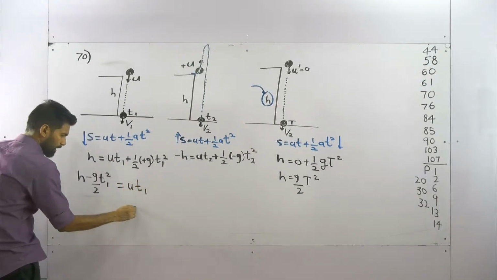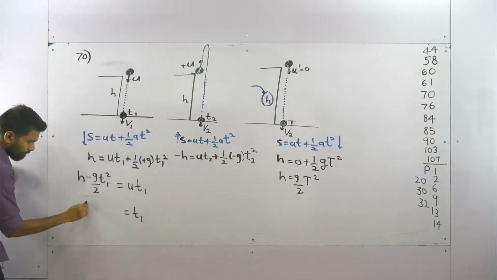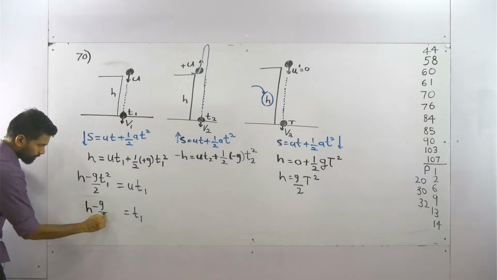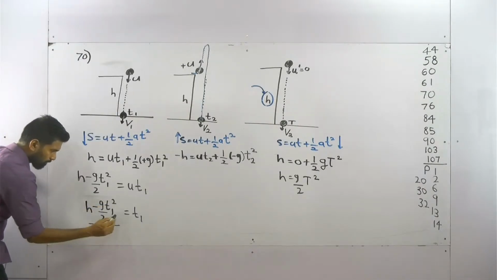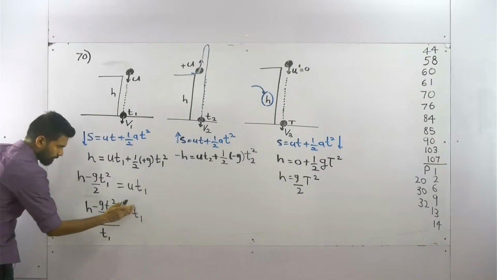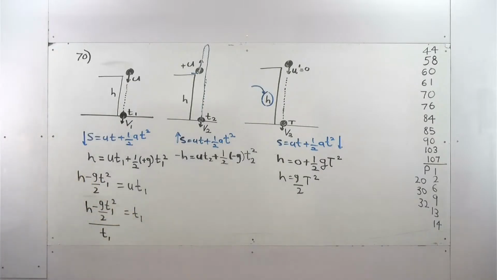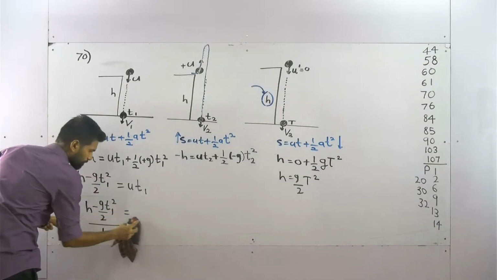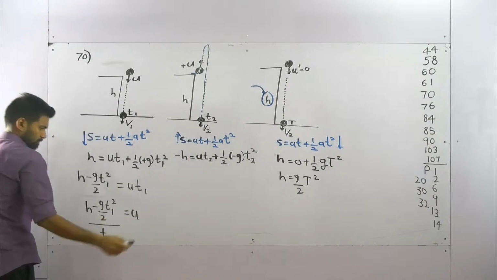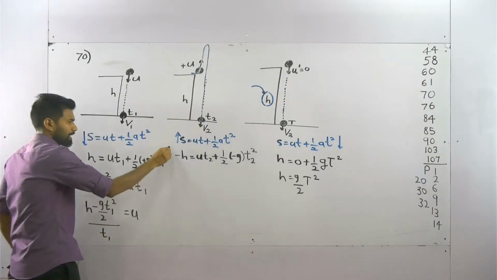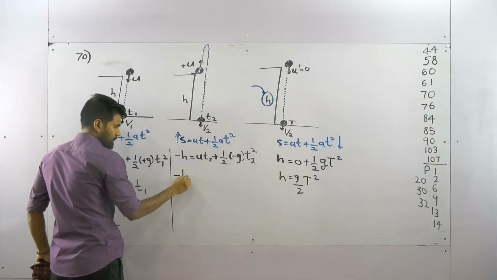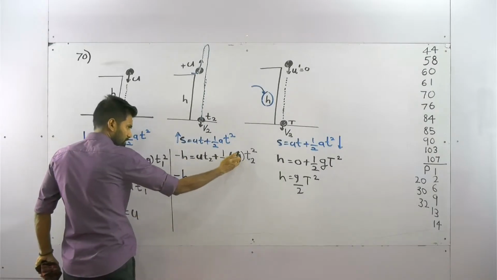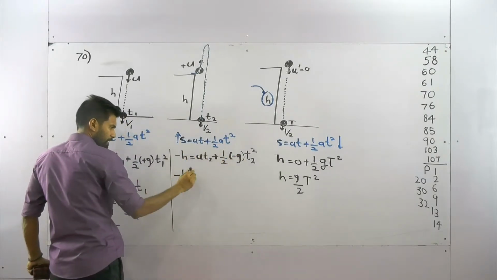So h minus g over 2 t1 square over t1 will be u. Again, I am making u the subject from this place also, taking minus h to the left side.